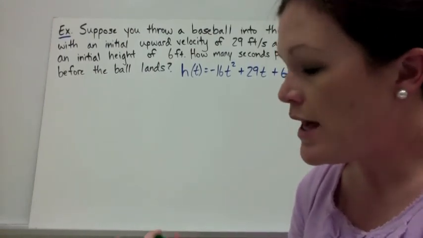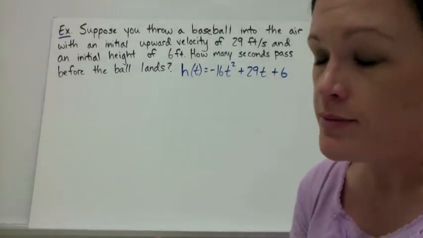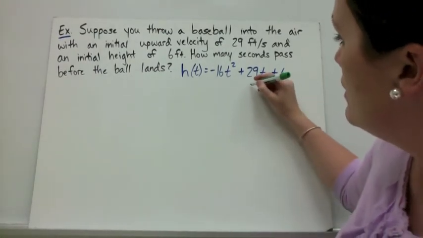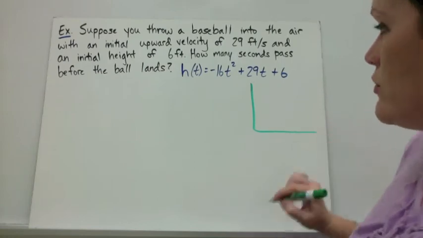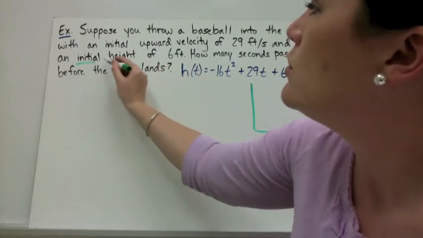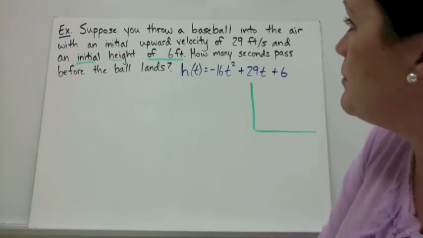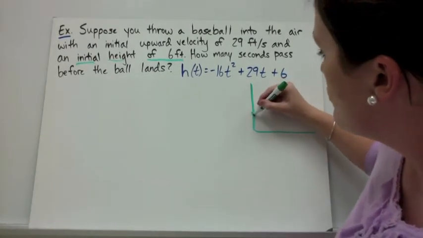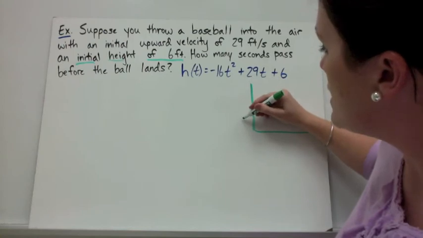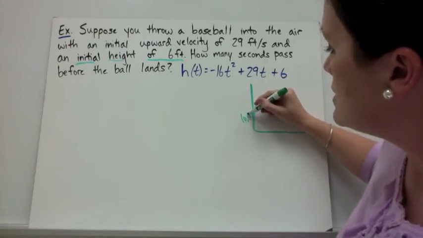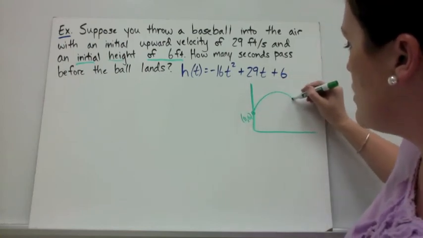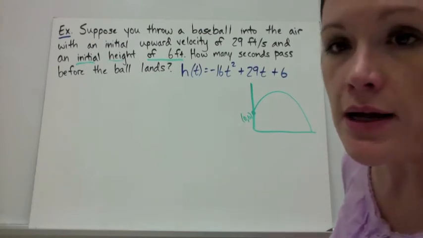Okay, so without even solving this problem, we can draw a little picture over here. The initial height of 6 feet is where my ball started from, so we can put that right here. That's going to be at time 0. It is 6 feet in the air. We know this ball is going to go up and come back down and land somewhere.